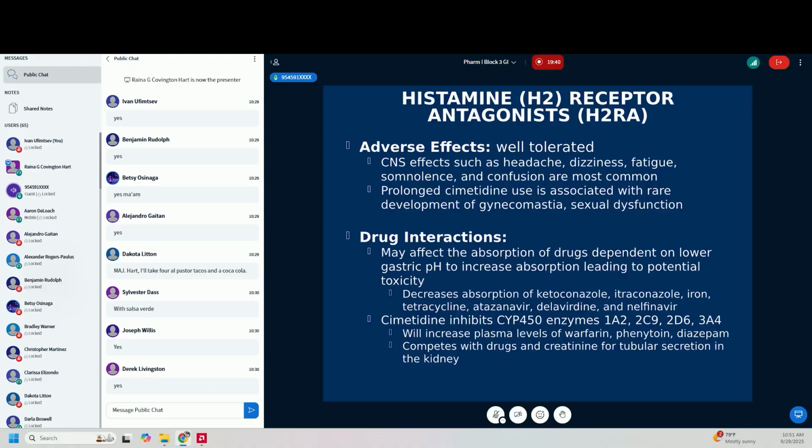You also see that there are several different interactions when we're looking at our CYP. So just remember that your cimetidine is an inhibitor. And we'll talk about some of these. So if it's an inhibitor, it's going to increase those levels of those other medications. So when we're looking at something like warfarin, which you'll talk about more next semester, what that can essentially do is increase the bleeding risk that a patient may have.